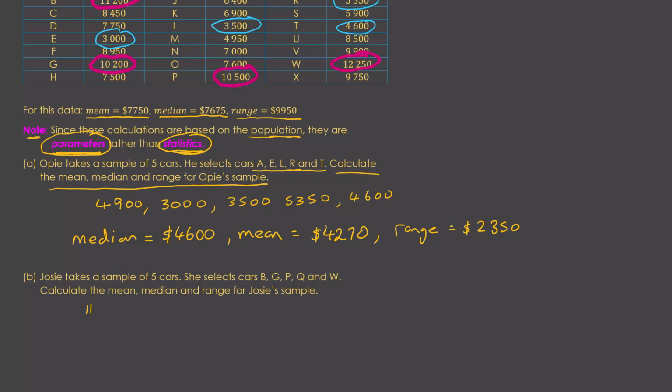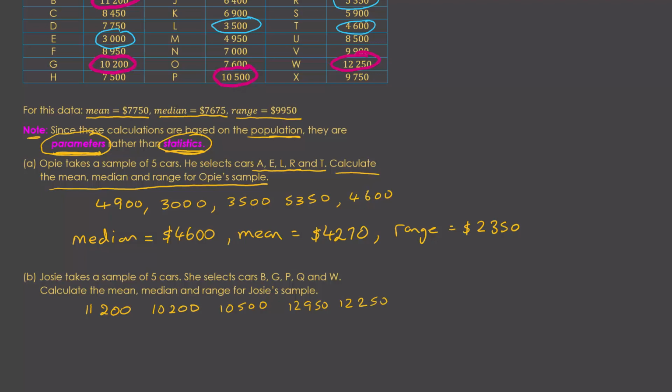That's 11,200, 10,200, 10,500, 12,950, and 12,250.